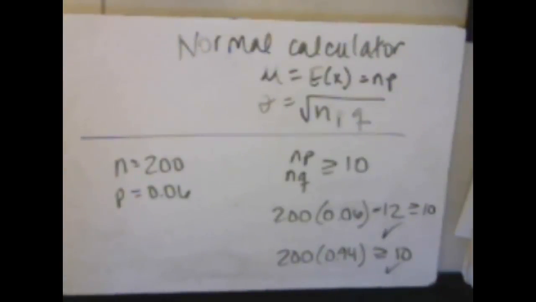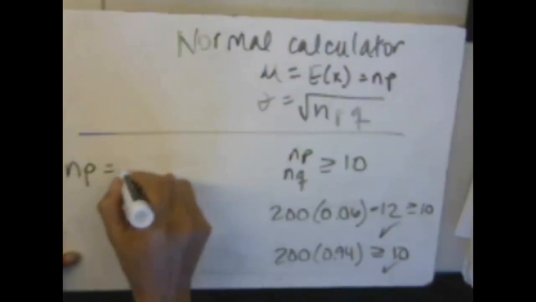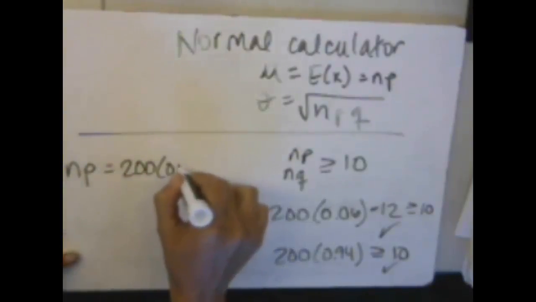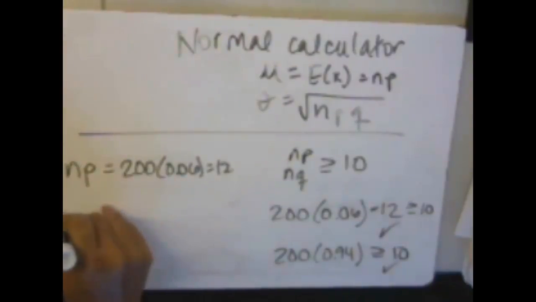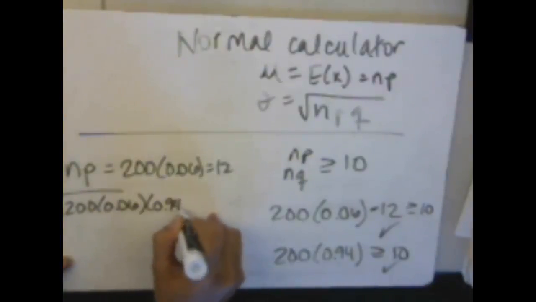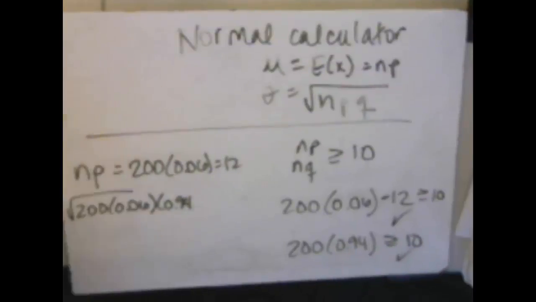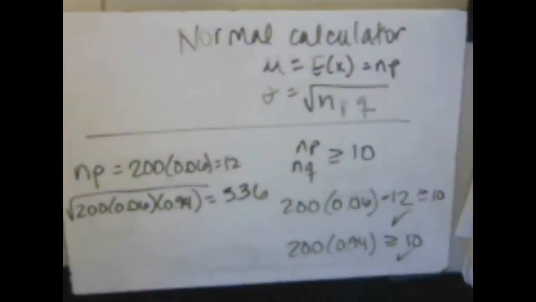Let me put these side by side. For the mean, np is equal to 200 times 0.06, which is 12. Our mean is 12. Our standard deviation is the square root of 200 times 0.06 times 0.94, which is 3.36.